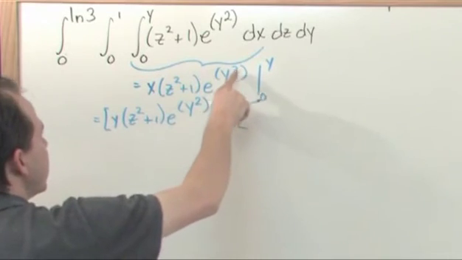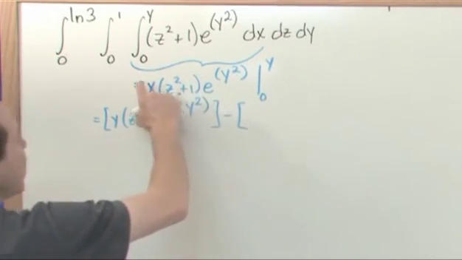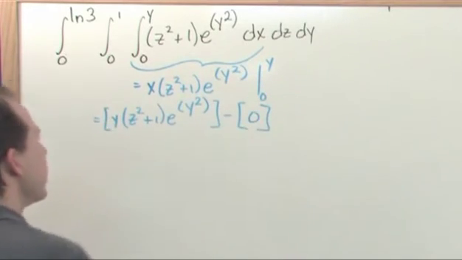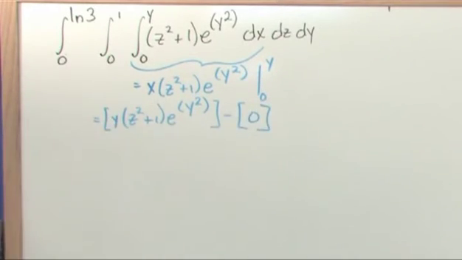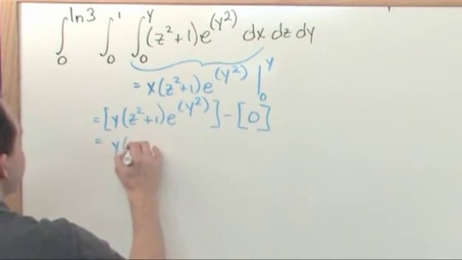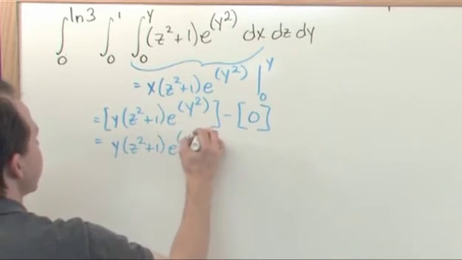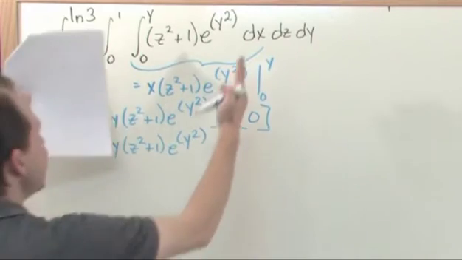The rest is just a bunch of other junk, but I'm multiplying it by 0, so in the end you're going to get 0. So the answer for this whole thing is simply y times z squared plus 1 times e to the y squared. That is the answer to this inner integral.